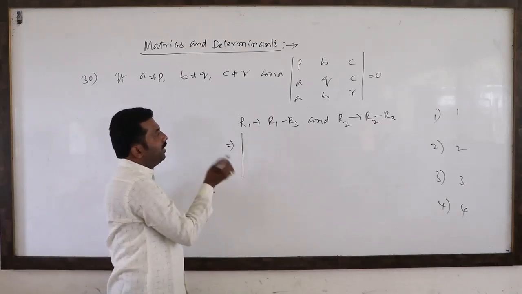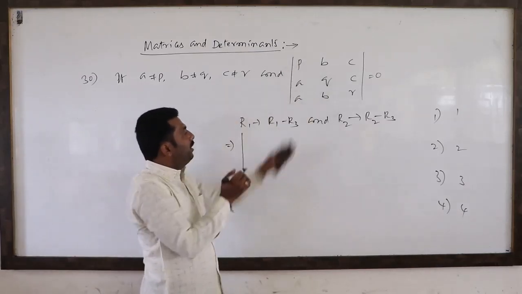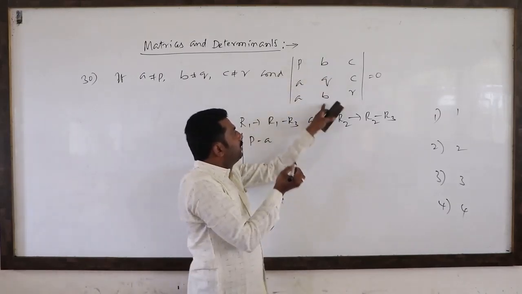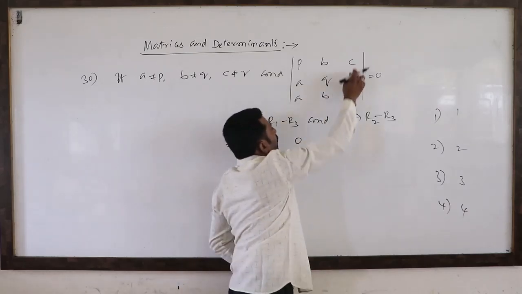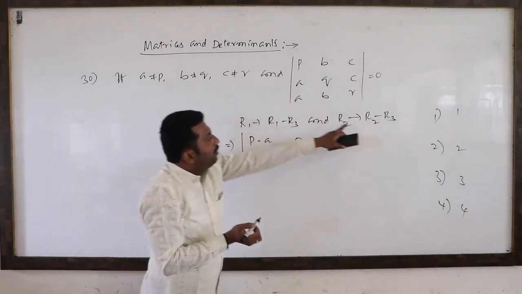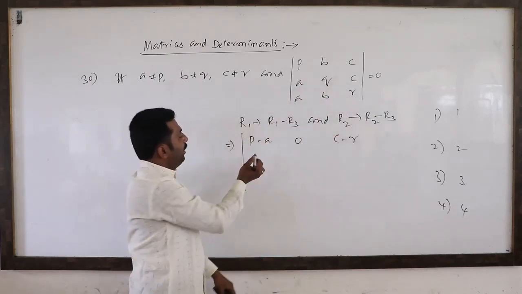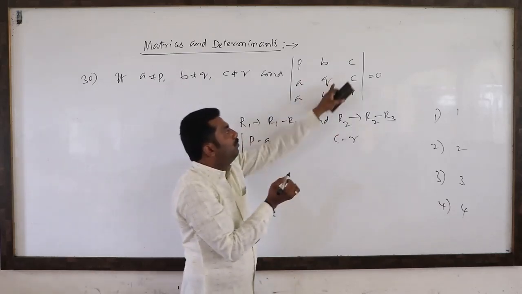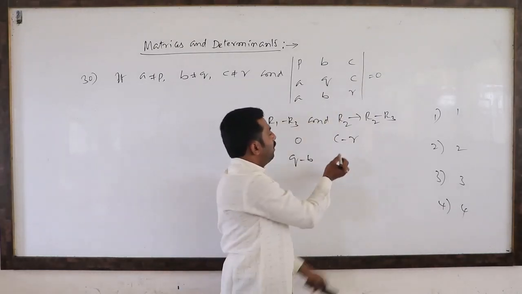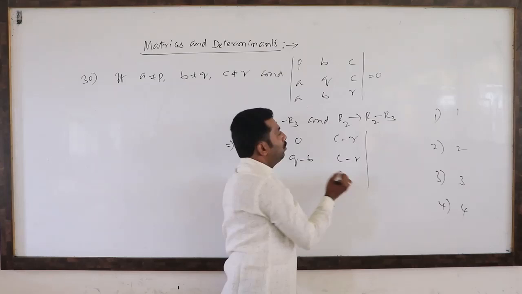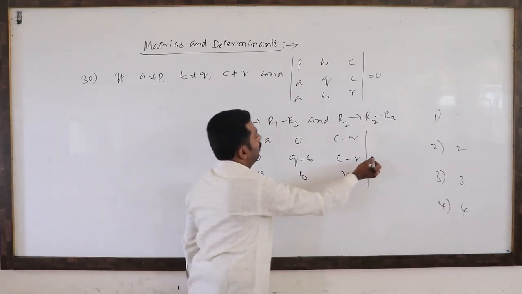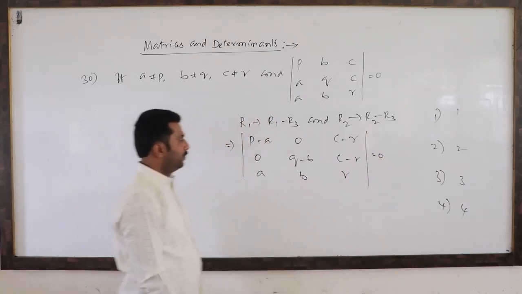So R1 minus R3: P minus A, B minus B, C minus R. R2 minus R3: A minus A, Q minus B, C minus R. No changes in R3, means A, B, R equal to 0.